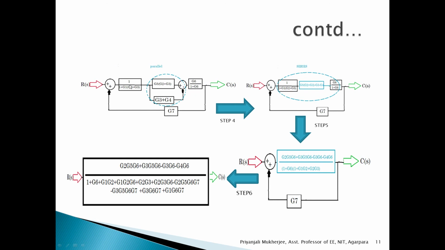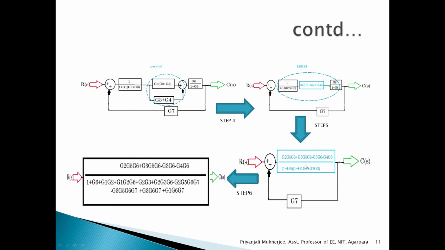Now these individual blocks are in series. So adding these two in parallel, the summation output will be the sum of this one with this one, that is G5 into G2 plus G3 minus, because though it is parallel, still it has a minus sign over here, so minus G3 minus G4. And all these individual blocks are in series connection.